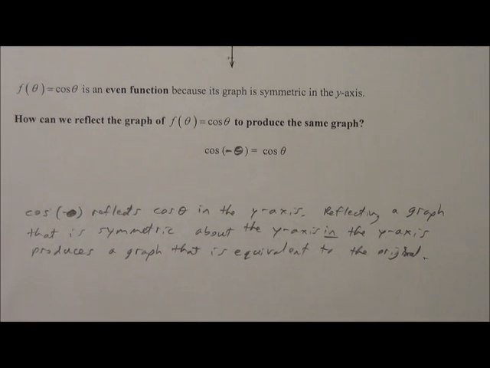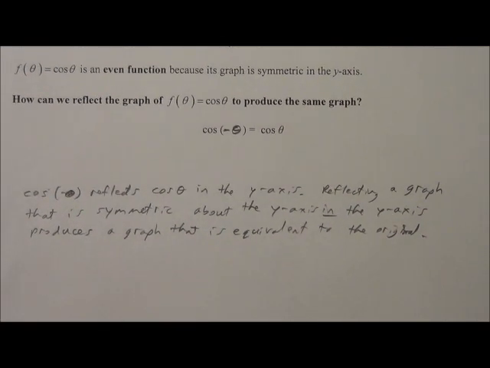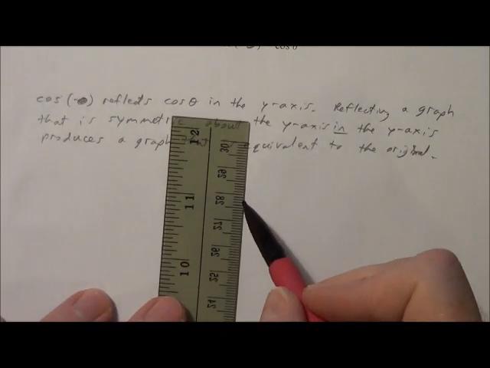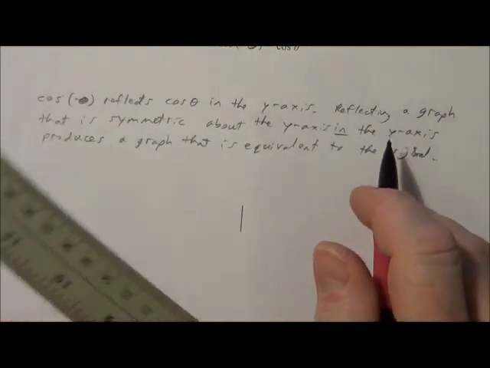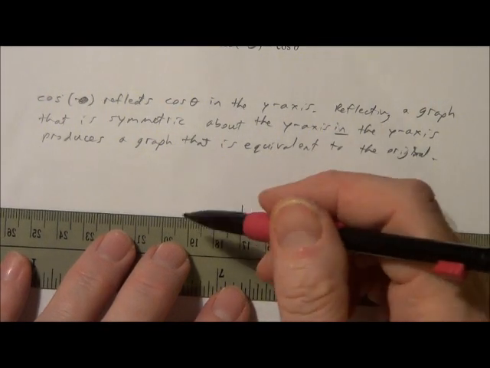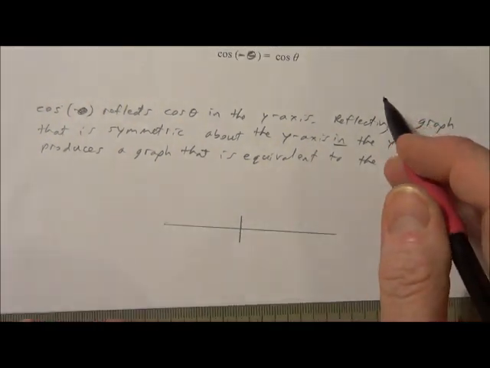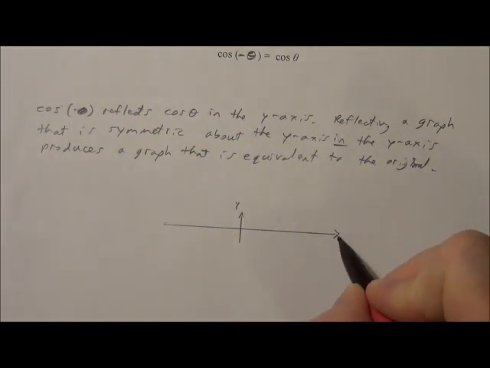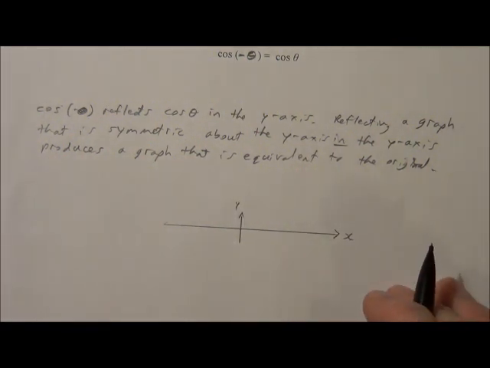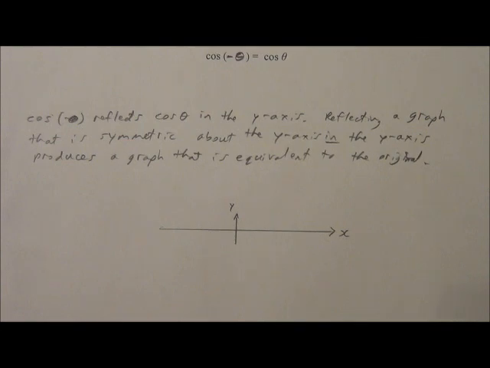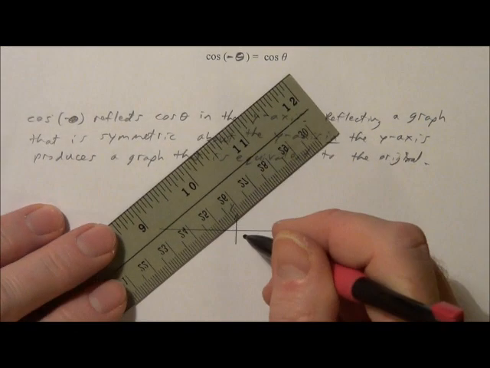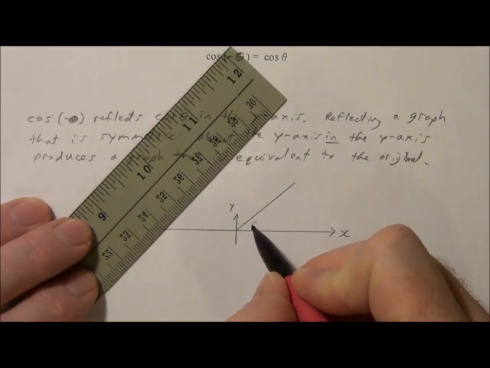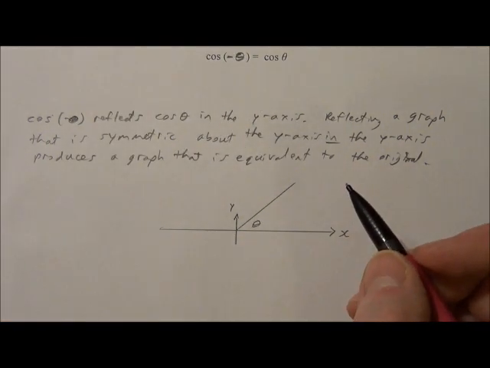And we can also look at it in another way. Suppose we have a Cartesian plane here, and we have some angle theta, some positive angle theta in standard position.